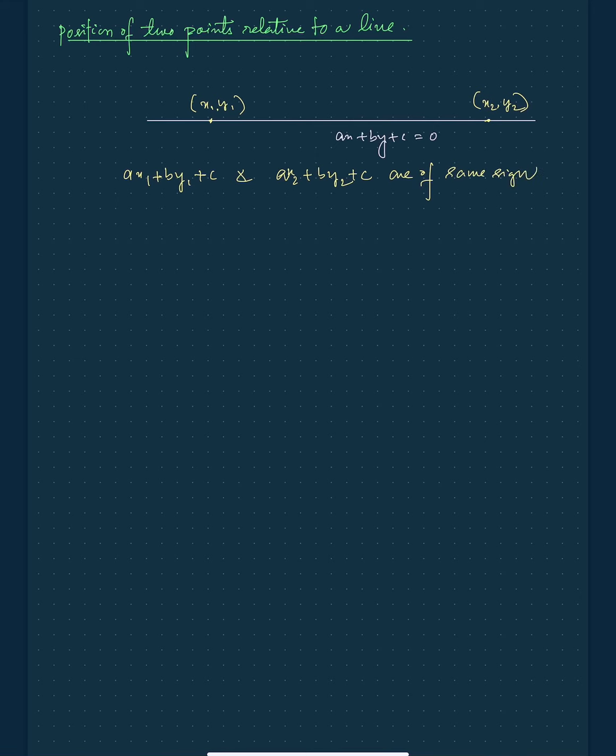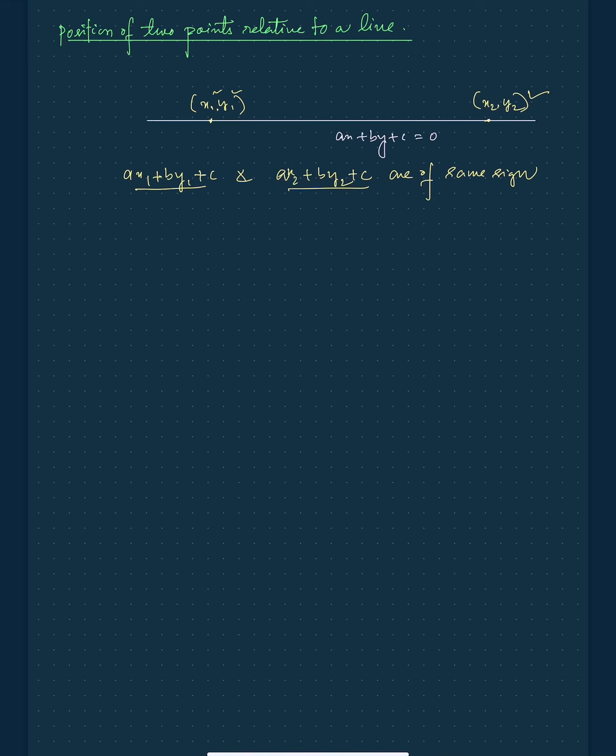Put the x1, y1 values in the equation, and put the x2, y2 values in the equation. When they have the same sign, then you will say that these two points lie on the same side.